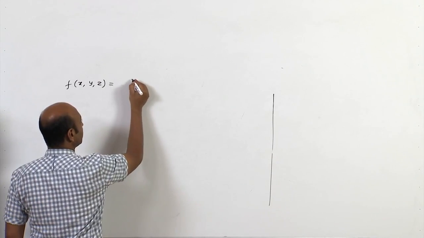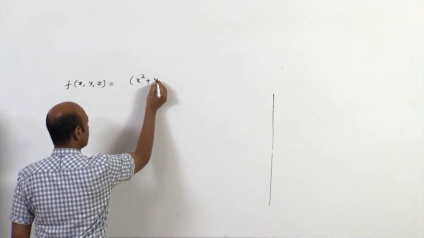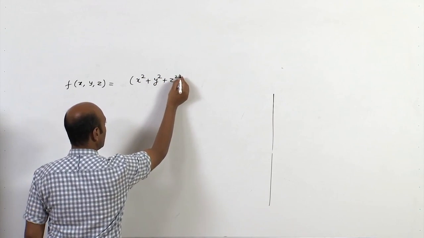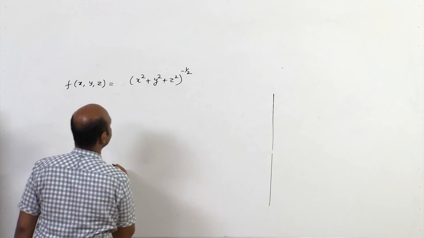So, it is x square plus y square plus z square whole raised to power minus 1 by 2.